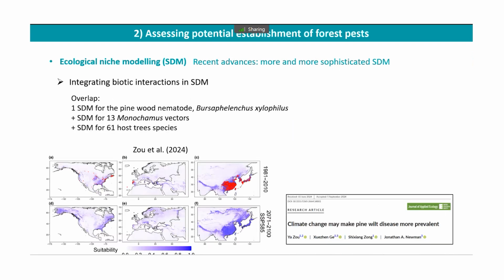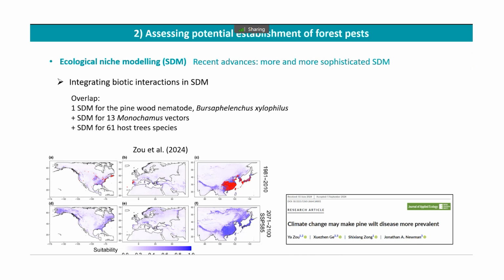And here we are talking about one species, one forest pest or pathogen. But there are some interactions with other species. For instance, for the pinewood nematode, there are plenty of species distribution models that have been developed for the pinewood nematode, Bursaphelenchus xylophilus. But we know that there is some interaction with the insect vector of the genus Monochamus and with pine species.